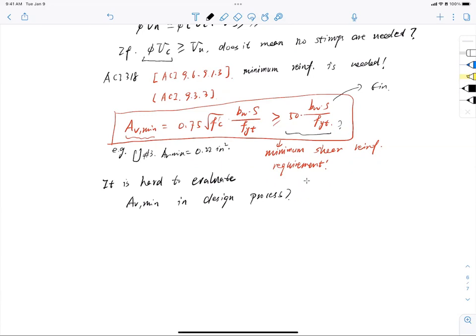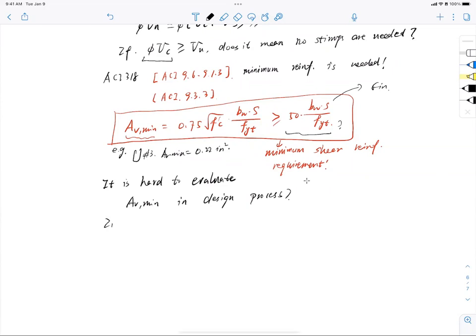But oftentimes you have two parameters to manipulate. One parameter is the diameter of the stirrups, and the other parameter is the spacing. To manipulate two is not such a simple thing, is it? You cannot just manipulate two in such a fashion. So what you really do is the other way around.